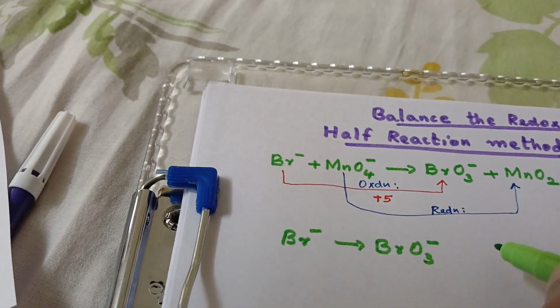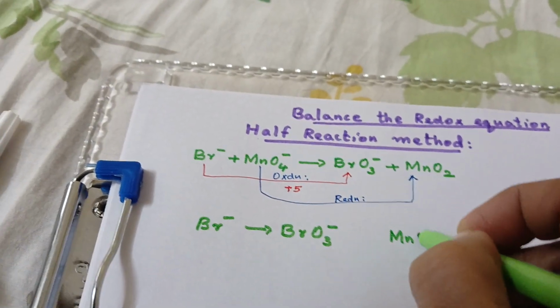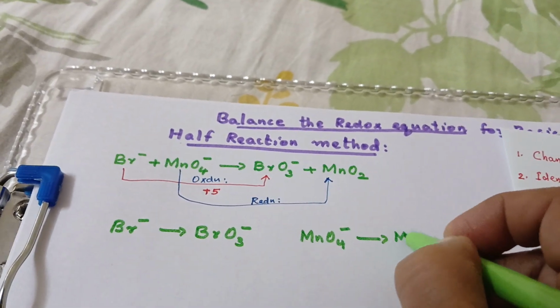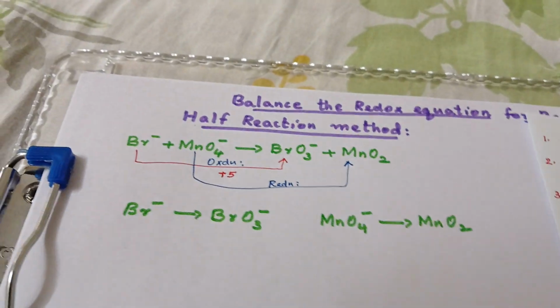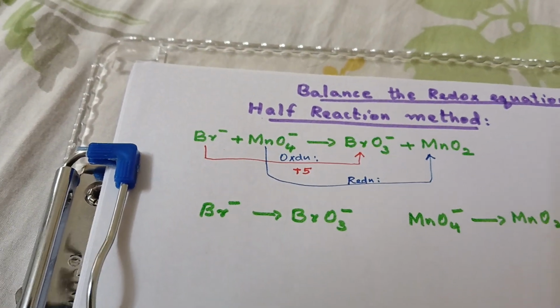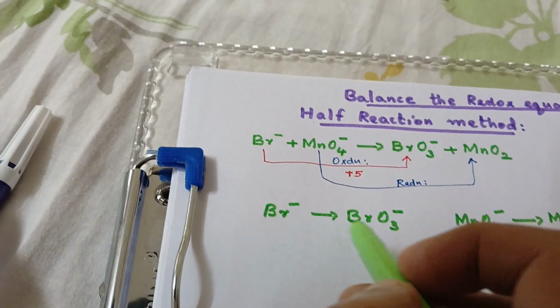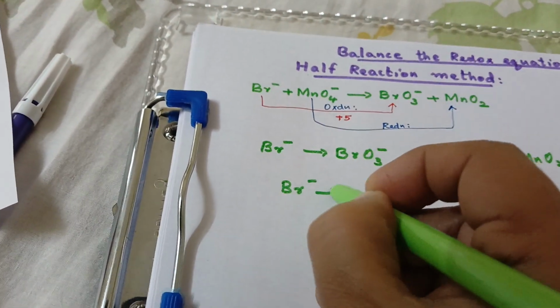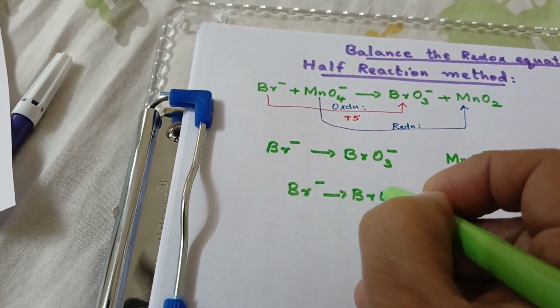The other one was MnO4 minus giving MnO2. Let us first deal with the oxidation half reaction. Write it here, Br minus giving BrO3 minus.